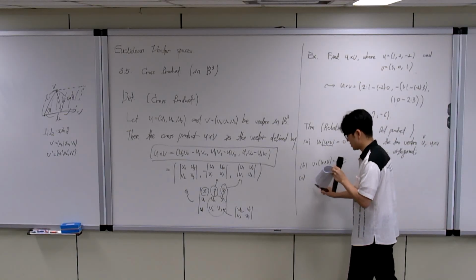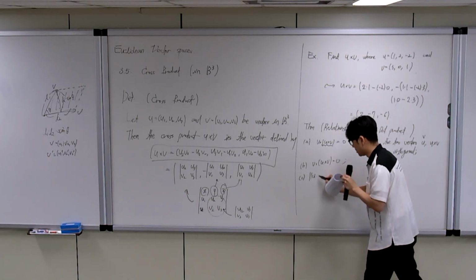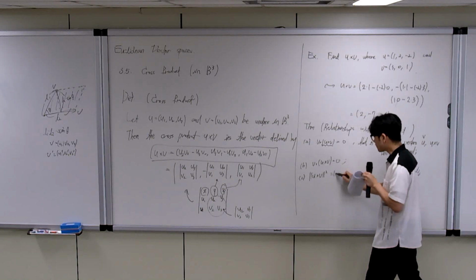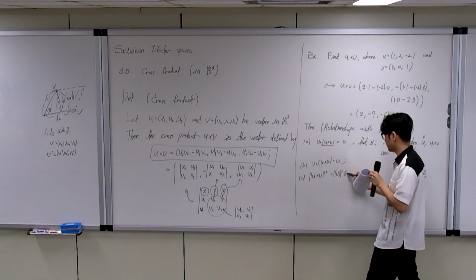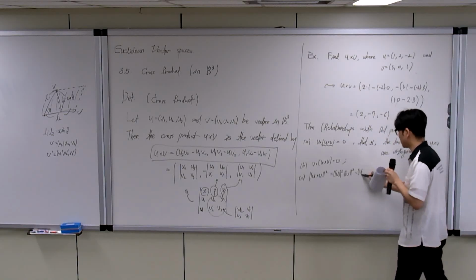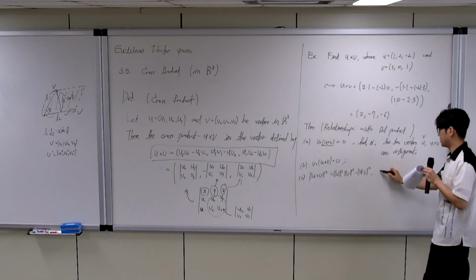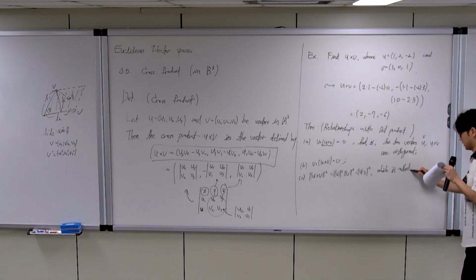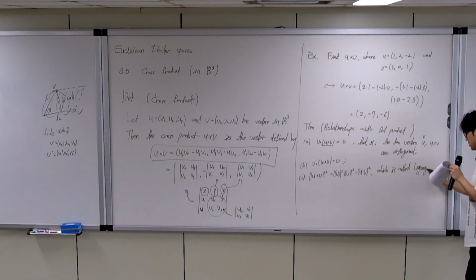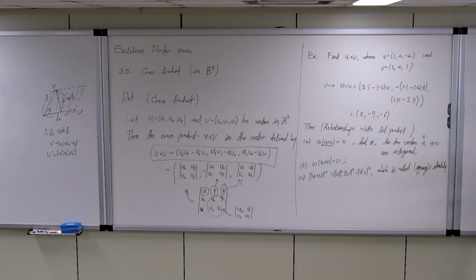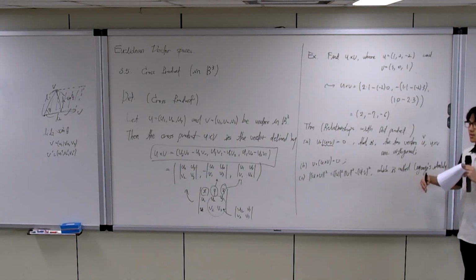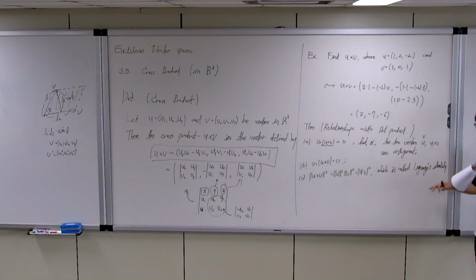And the next is called the Lagrange identity, the formula. This identity is quite important in the differential manifold sense also.